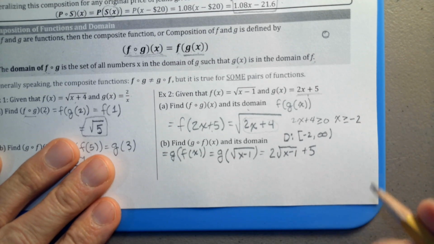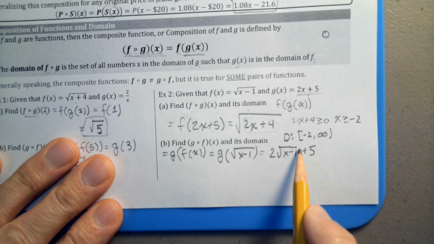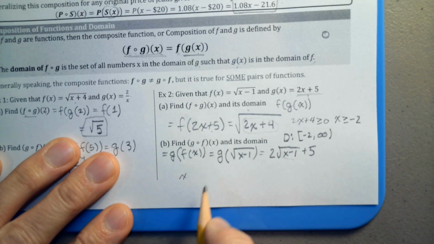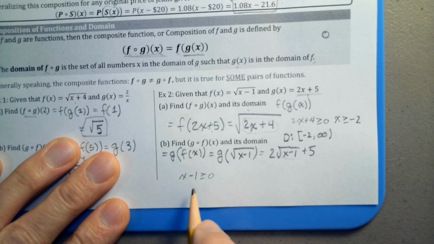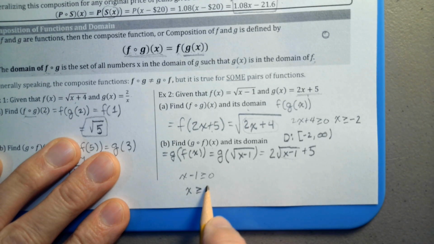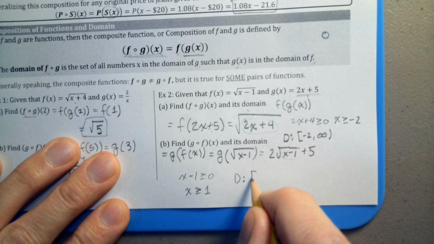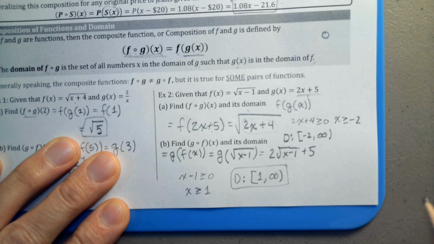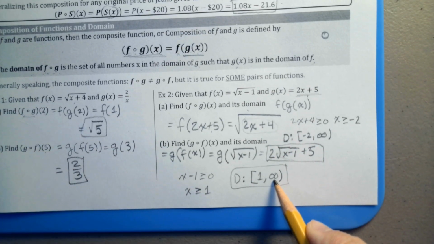So we have some limitations in this case. The limitations, again, would be centered around the square root. The square root cannot have a negative value. So for the domain, we have x minus 1 must be greater than or equal to 0. So x must be greater than or equal to 1. So in interval notation, again, we have 1 comma infinity. So that would be the domain. This is our answer, and then this is the domain that they're asking us for.